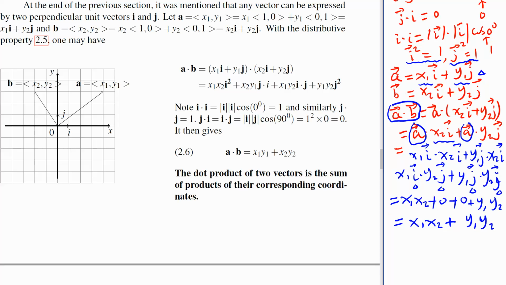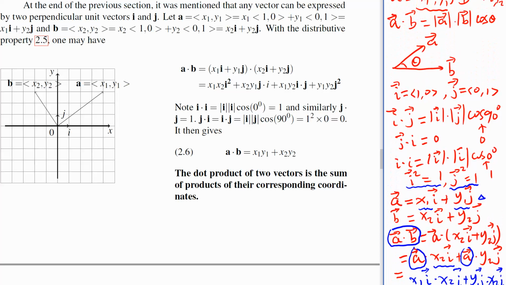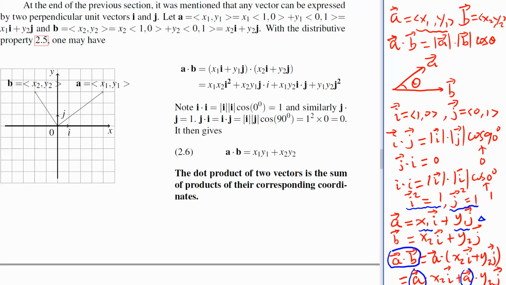So what was x1, x2? x1 is the first component of A, and x2 is the first component of B here.